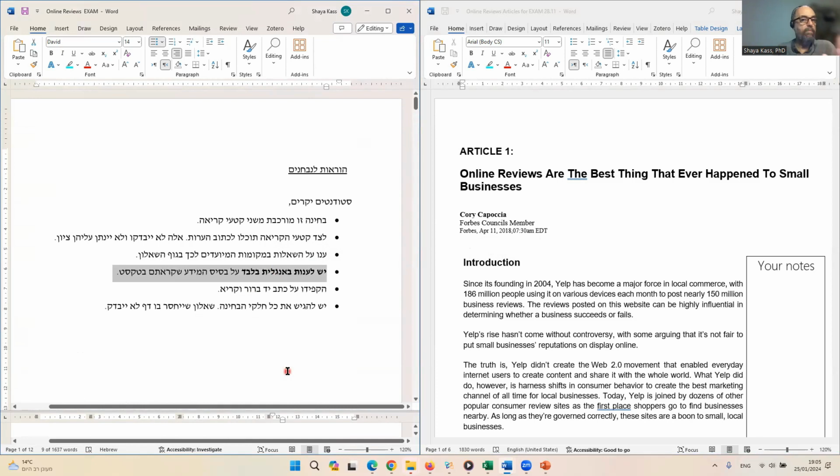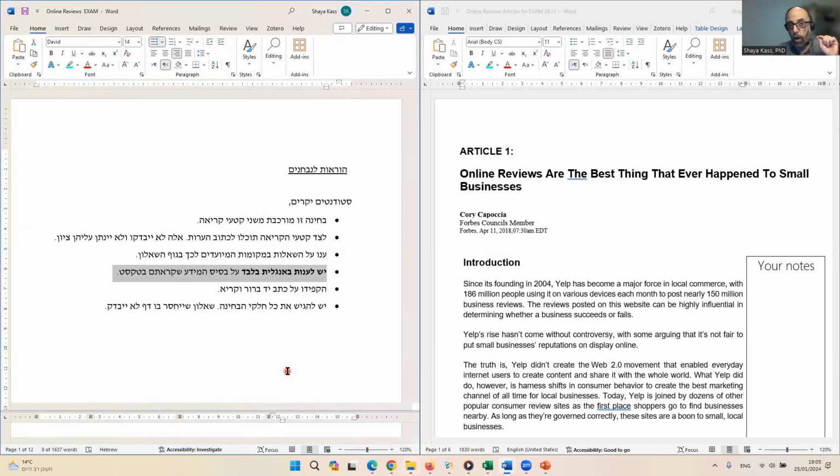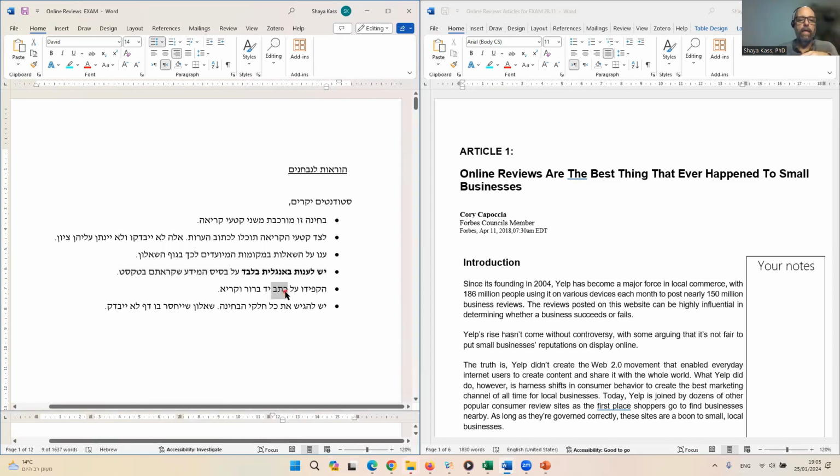Here, it has to be in English. We will not accept any answers in Hebrew. And except for the opinion question, only write what's in the article. The opinion question has to be based on the article. If we can't read your answer, we can't give you credit for your answer. And you have to give back all the papers.